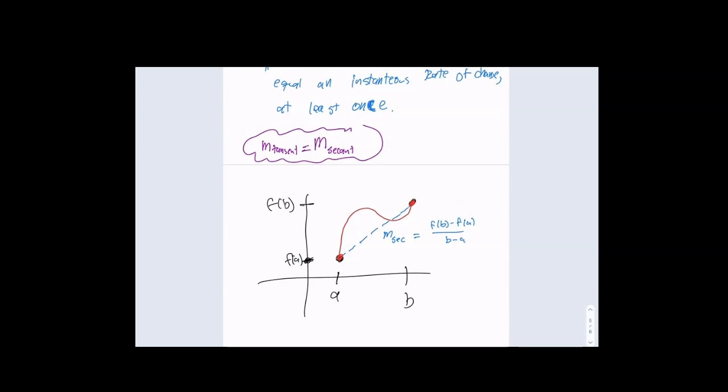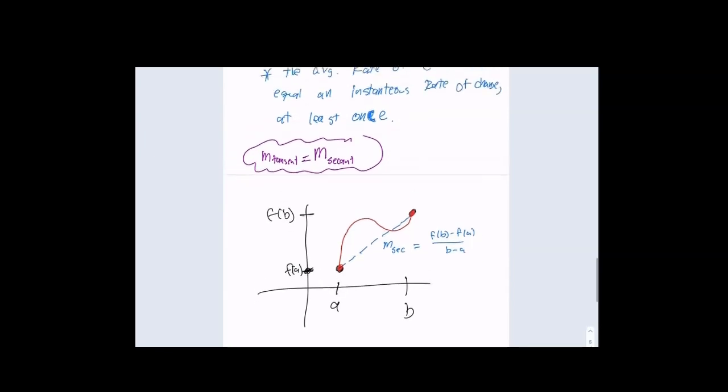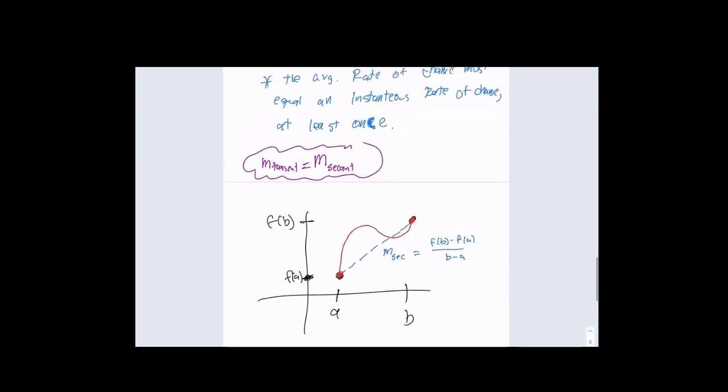Oh, I would select this part. So that slope right there, there must be somewhere along the graph where the slope that I got from connecting the two points, it must happen somewhere at least once.